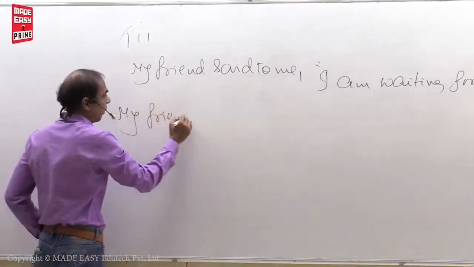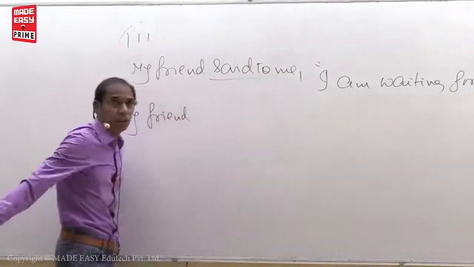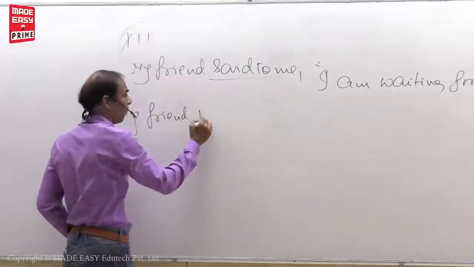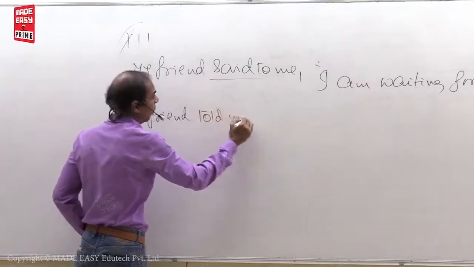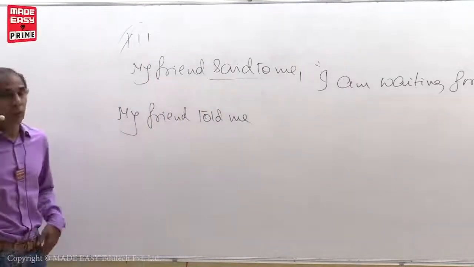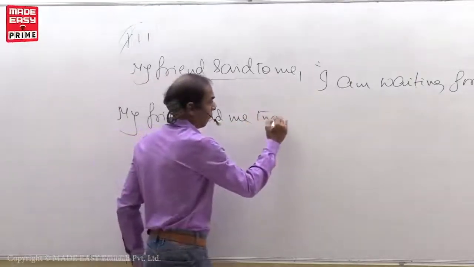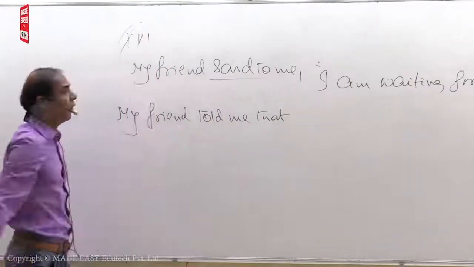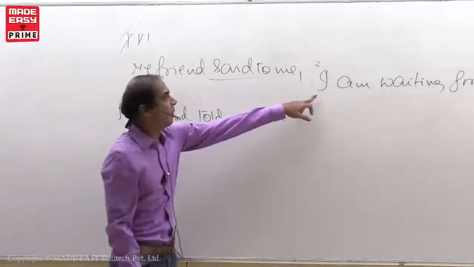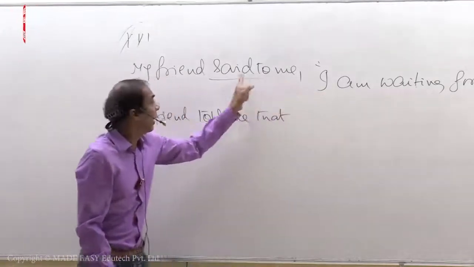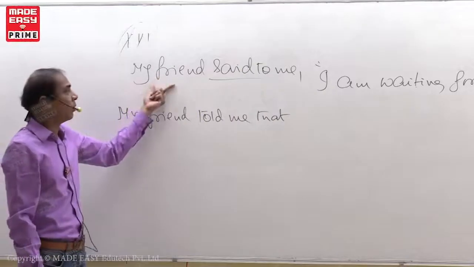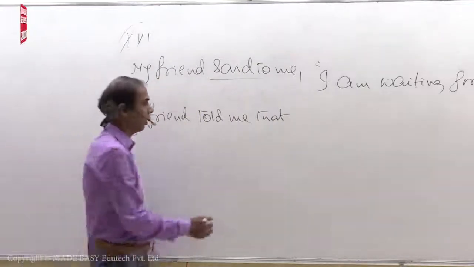My friend, first rule, "said to" changes as "told me". Rule number two, connect the two sentences with "that". Rule number three, change the person in the direct speech in relation to the speaker. Who is the speaker? My friend, male or female? That he.